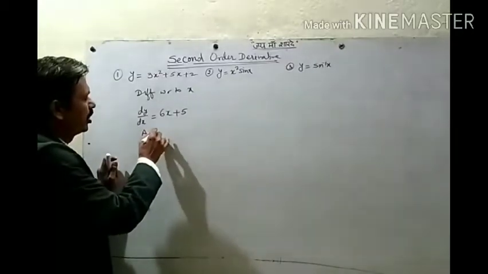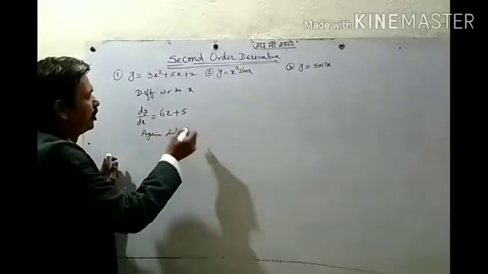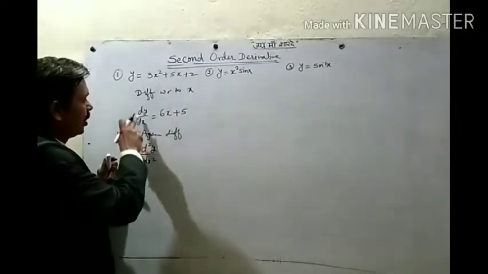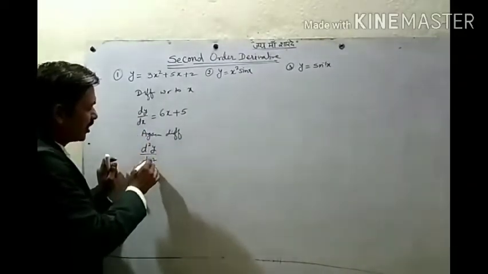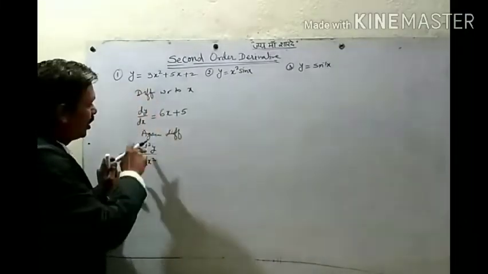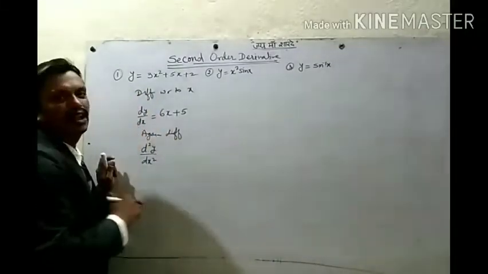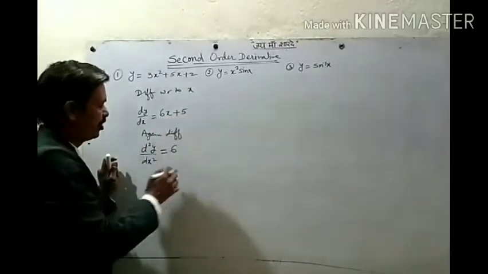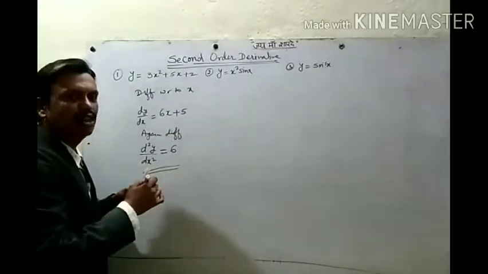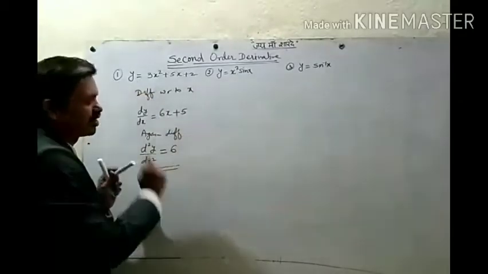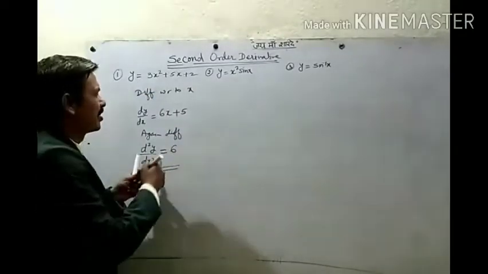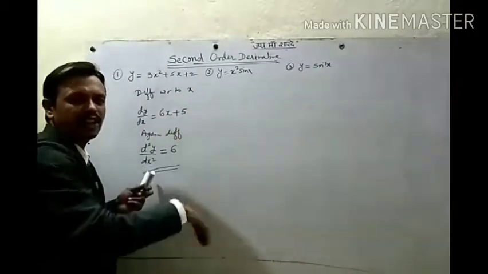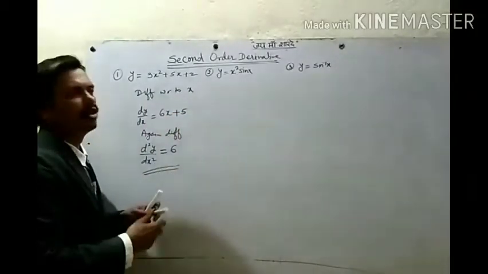Again differentiating, we get d2y by dx square. d2y by dx square is the second derivative of y, and it is the derivative of dy by dx. So it will be the derivative of 6x, which is 6, and the derivative of 5 is 0. So the second order derivative of y is 6. Whatever we get as dy by dx, we differentiate it again. That will be the second order derivative.